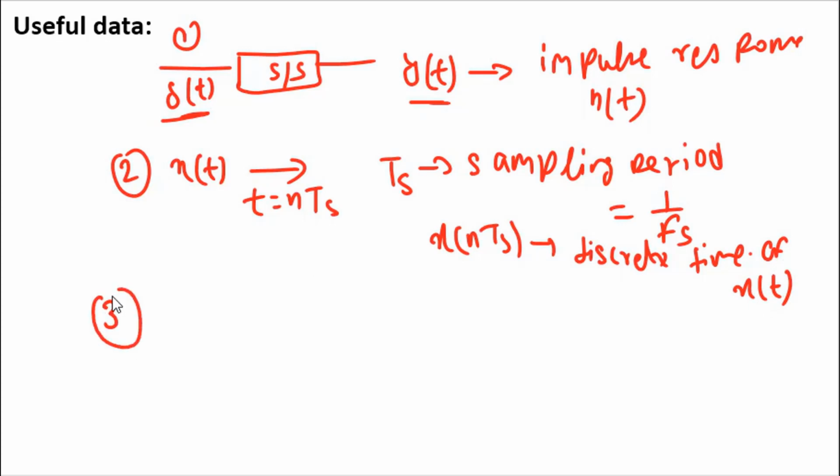The third useful data: if we have a signal a^n u(n) in the discrete time domain, then the z transform of this signal is given by z over (z − a). So these three are the useful data for this question.